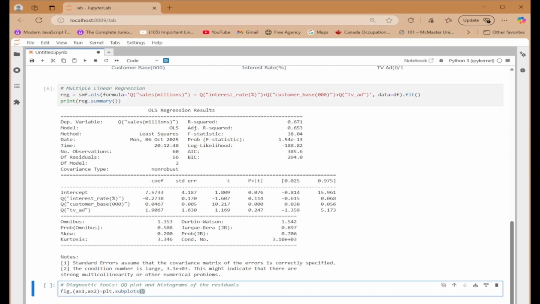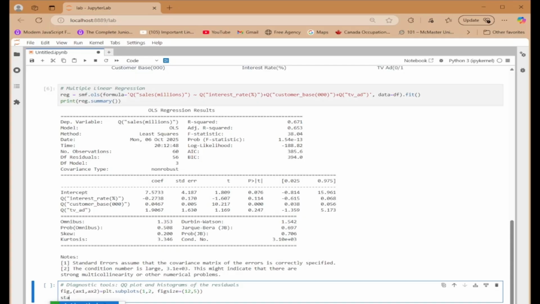Subplots will be 1, 2. We'll have two subplots. Figsize, I want to control the size of the figure, equals 12 and 5, 12 wide, 5 high. Okay, now begin with the QQ plot, let's do this.